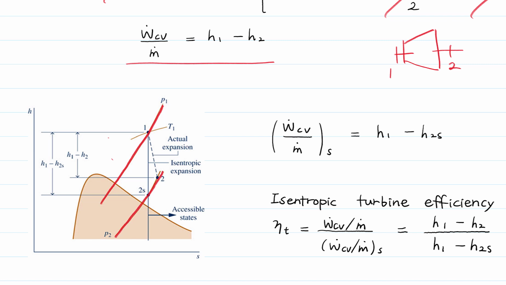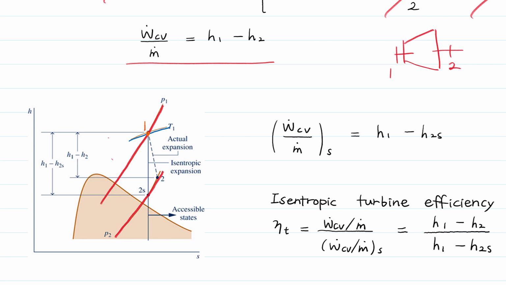P2 is lower than P1. This is the constant temperature line, T1. The state at the inlet is here, 1, at temperature T1 and pressure P1. And we are only given the pressure at the exit, pressure P2.